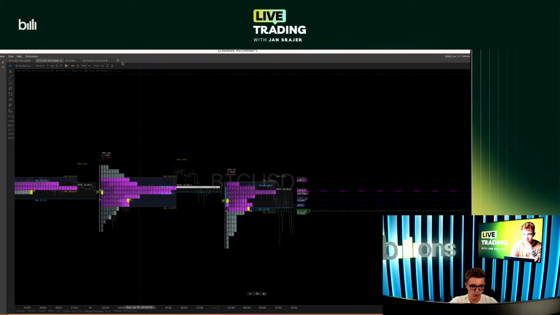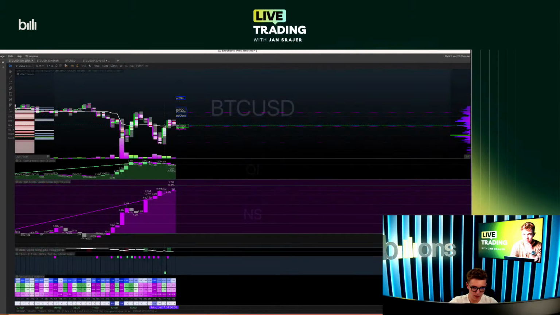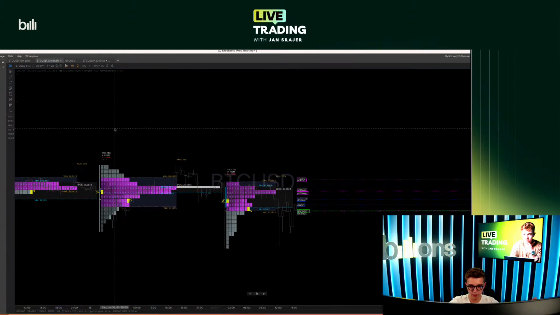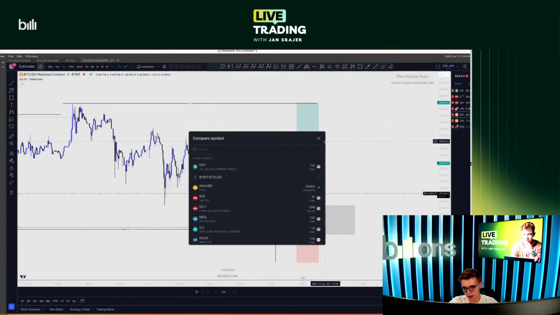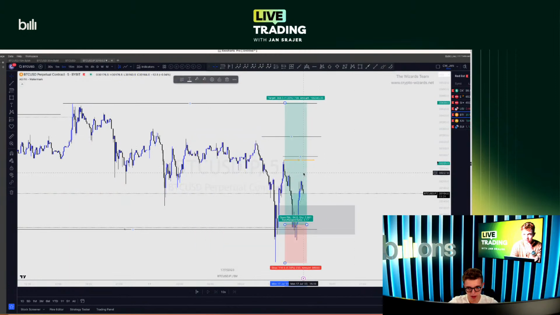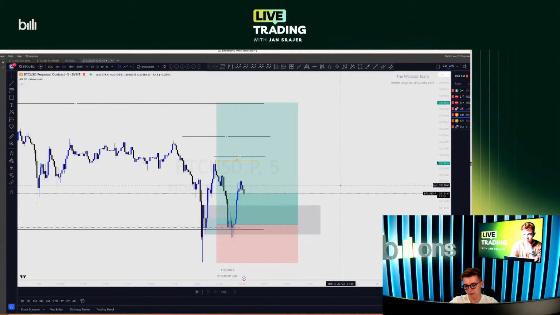So I'm not marking out these levels on a chart because I see them on the left side on the ExoChart that I have on the left monitor. But in this case, if you don't want to keep remembering them, you can just mark these levels on your TradingView chart.